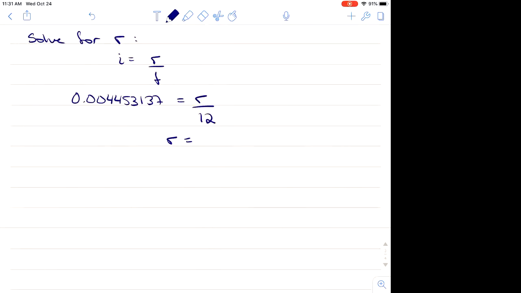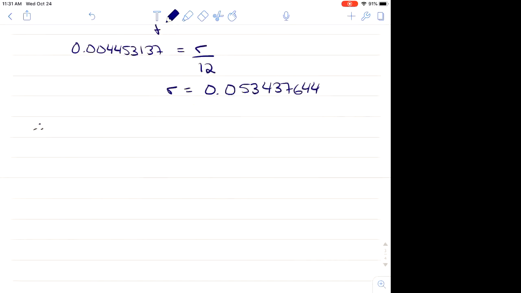Times 12, we have a nominal rate of 0.053437644. Therefore, the nominal rate is approximately 5.34%. Do 2 or 3 decimal places.